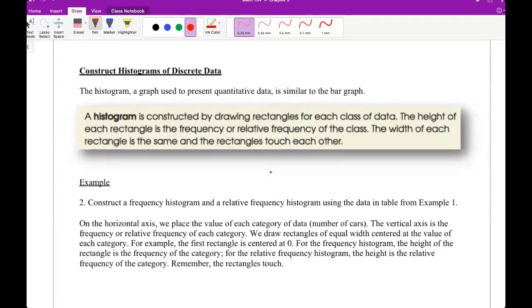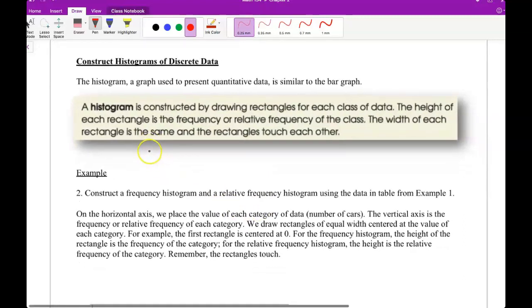Okay, now next page, construct a histogram of discrete data. This is a histogram, which is constructed by drawing rectangles. So we have rectangles for each class of data. The height of each rectangle is frequency or relative frequency, so it depends on what is asked.